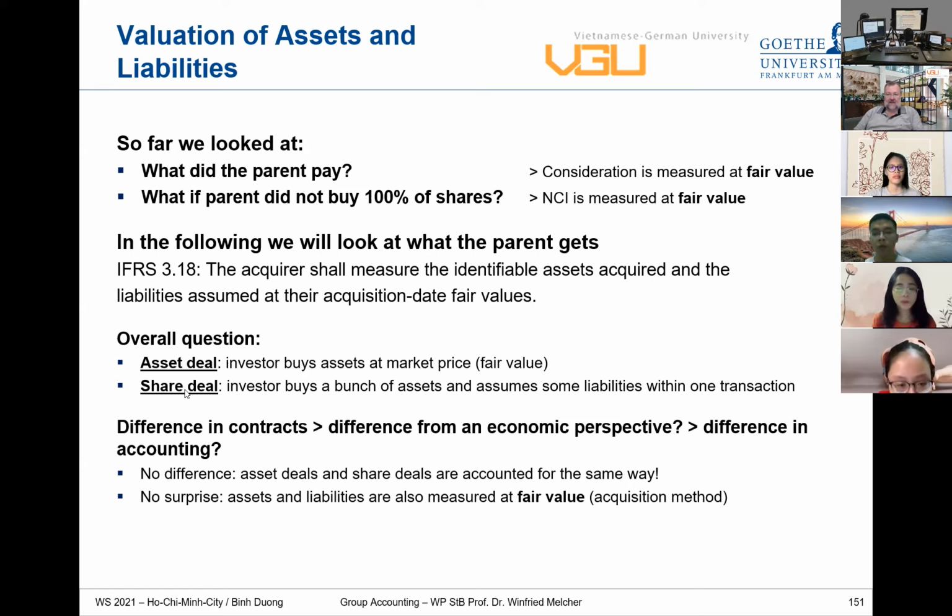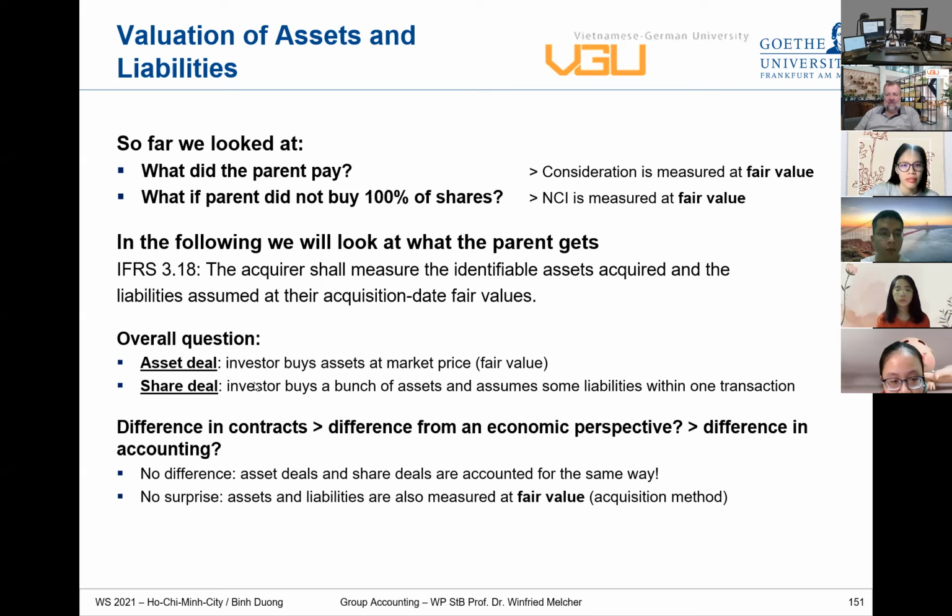So the investor is buying a bunch of assets and assumes a bunch of liabilities within one transaction. So why would we account for these two things differently? And that is what IFRS 3 is about. They say it does not matter if you have an asset deal or you have a share deal. You will account for that kind of a transaction the same way.